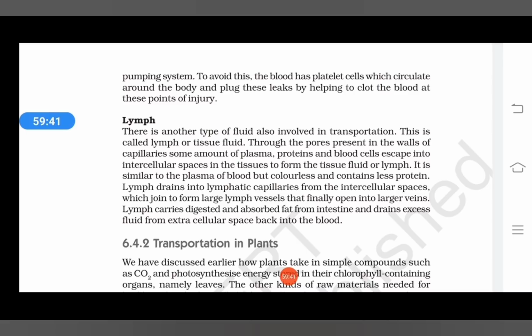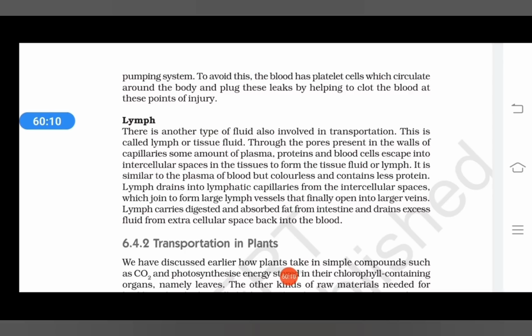Next is lymph. There is another type of fluid also involved in transportation. This is called lymph or tissue fluid. Through the pores present in the walls of the capillaries, some amount of plasma proteins and blood cells escape into the intercellular spaces in the tissues to form the tissue fluid or lymph. It is similar to the plasma of blood but colorless and contains less protein.